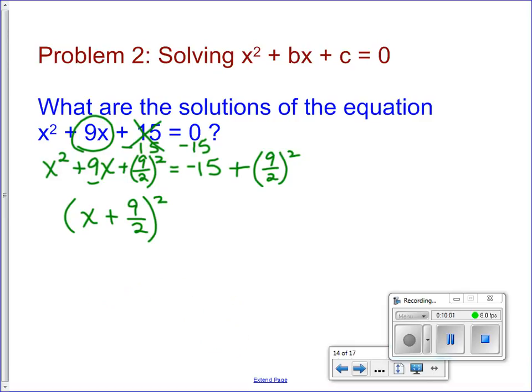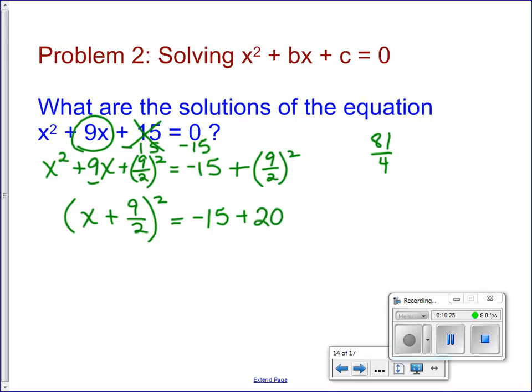Now, on the right-hand side, we do need to evaluate this expression. So I have negative 15 plus 9 over 2, if I square it, would give me 81 over 4. And I'm going to write that as a mixed number. It'll be easier to solve.